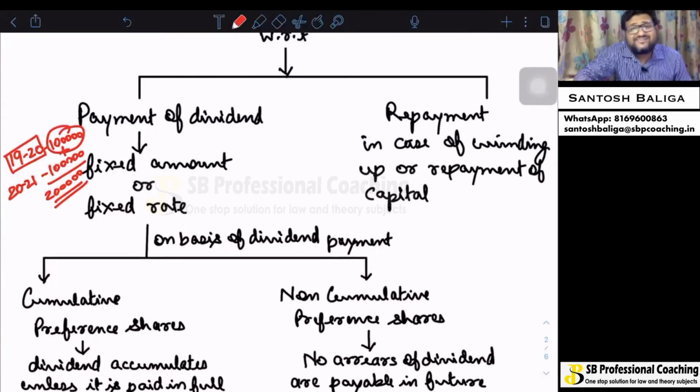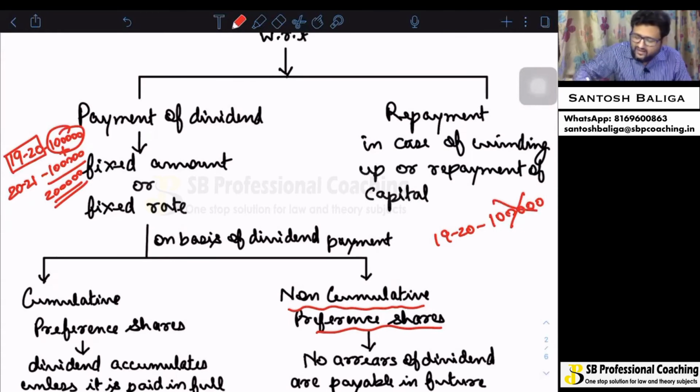But exactly the opposite will happen in case of non-cumulative preference shares. In non-cumulative preference shares, if the company does not pay 1 lakh rupees in 2019-20, then this 1 lakh rupees will expire or the liability will be extinguished.